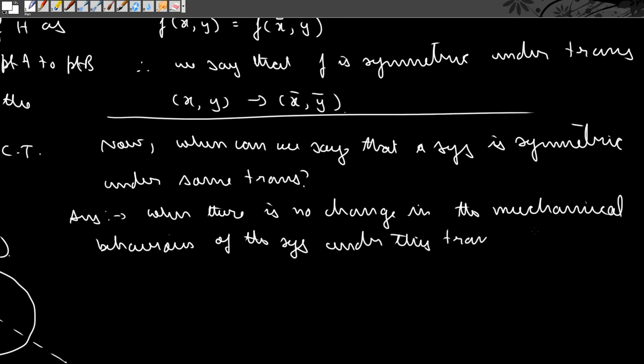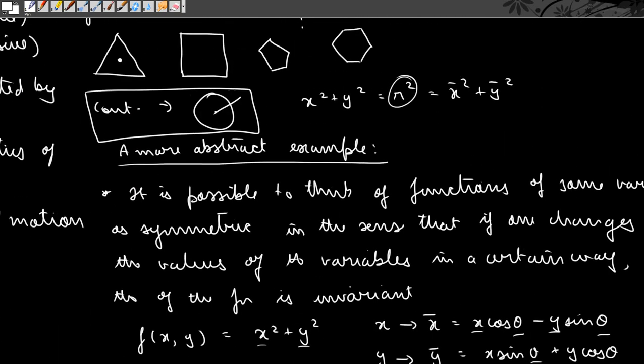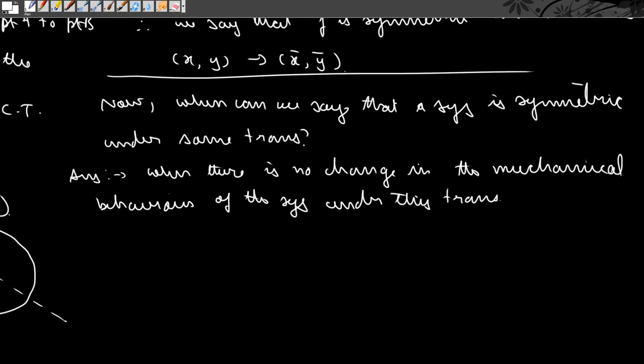What I mean is that, just like how when we rotate a circle there is no change in the shape of the circle, similarly for a mechanical system we say that the system is symmetric with respect to some transformation when there is no change in the mechanical behavior of the system under such a transformation. Okay, so how do we define this mechanical behavior?